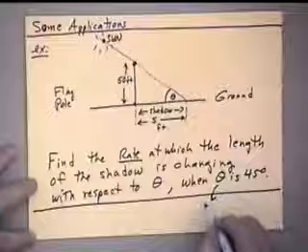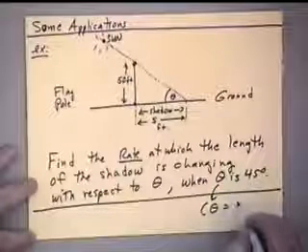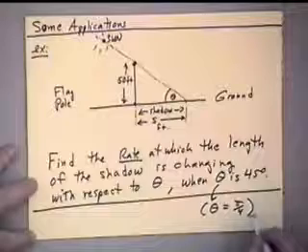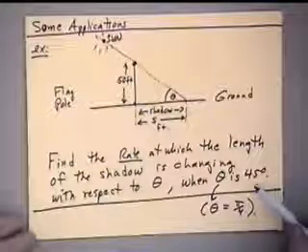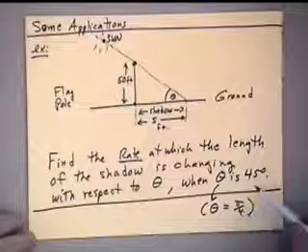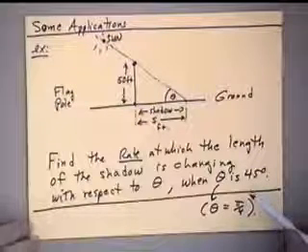Now what we'll do in this problem is we'll immediately write theta equal pi over 4 in radians, because in most calculus problems you tend to work in radians rather than degrees, but you can always translate back to degrees at the end if you like.